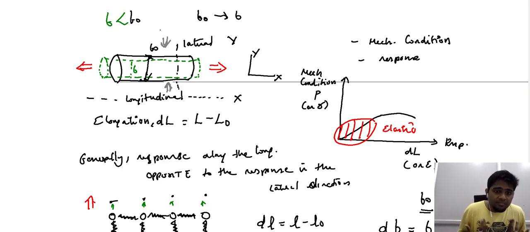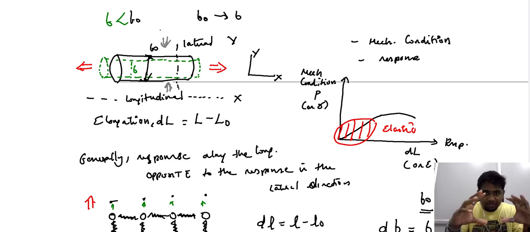So then we can also assume that the change in the dimension is brought about by a compressive load that is introduced in response along with the uni-axial tensile loading.